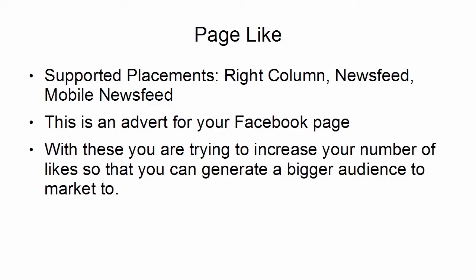This is really part of a long-term strategy. You're probably not going to make any direct sales from this sort of thing, but you are going to get more people to like your page, you're going to get more fans, and you're going to grow your audience slowly over time. So it's something to plan for the long term.